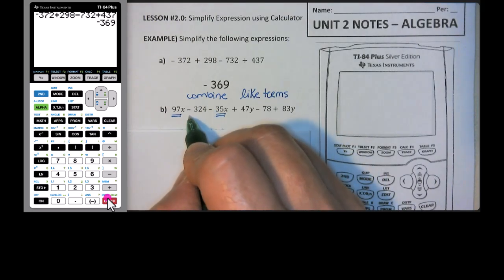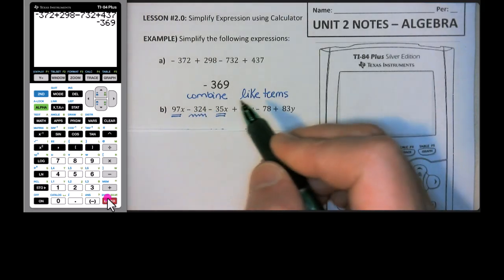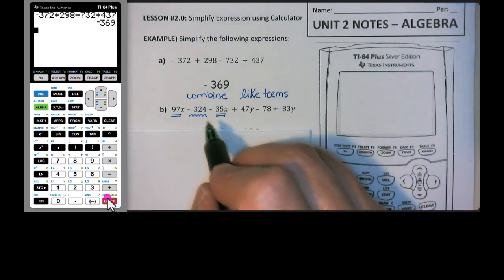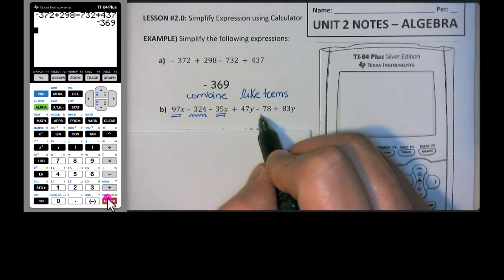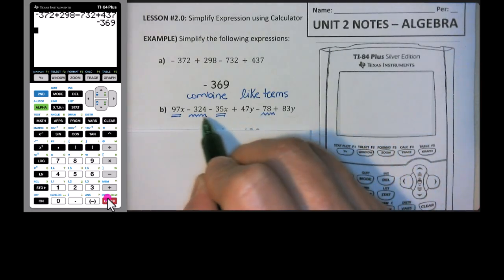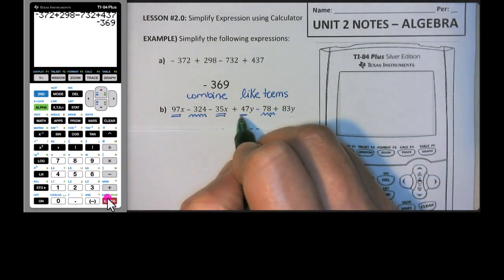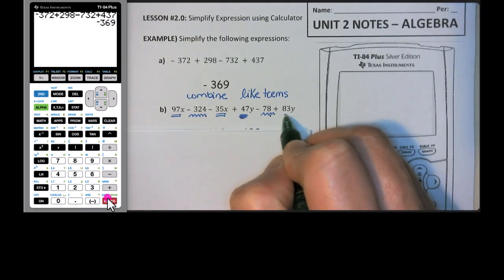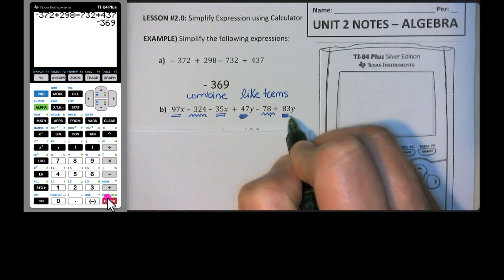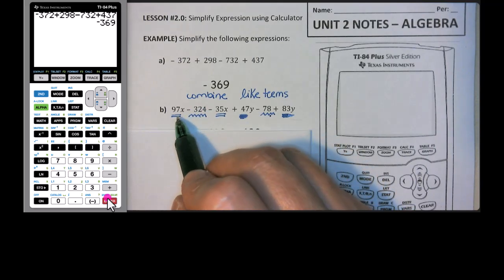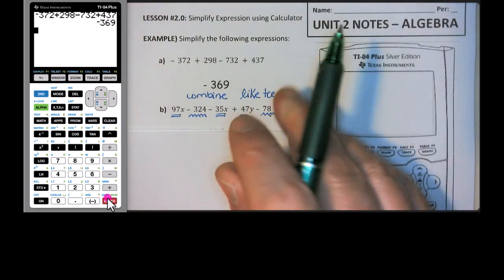For example, this guy right here, 324, does not have a letter. And 78 does not have a letter, so both of them are like terms as well. And the last one is 47 is like term with 83. So that means I can only combine numbers that are like terms.